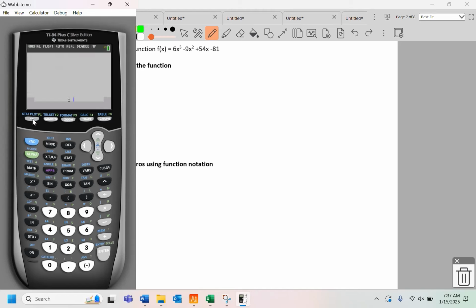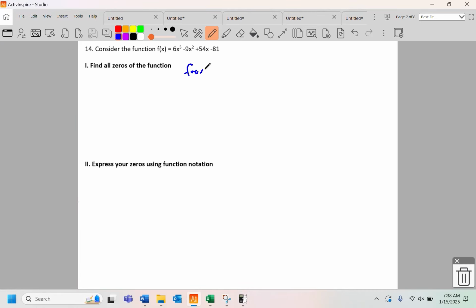This kind of stinks. Oh, okay, that's not bad. I'm going to put a 0 in there. I want to make sure that that's 1.5. Second, trace, 5. Enter, enter, enter. Yeah, 1.5. So from the graph, x equals 1.5.